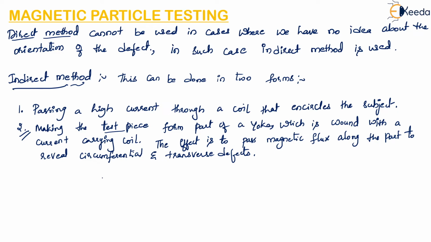So the electricity that is used for producing this magnetic flux in any of these methods can be alternating current.